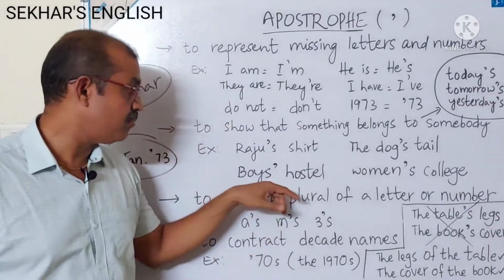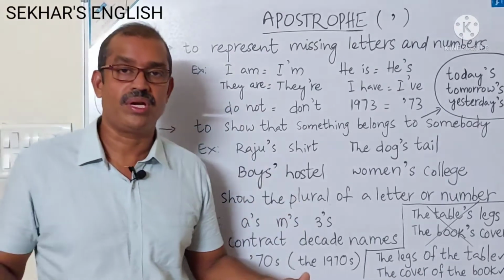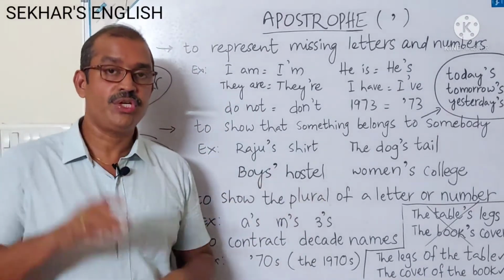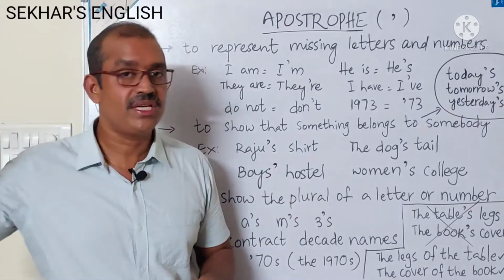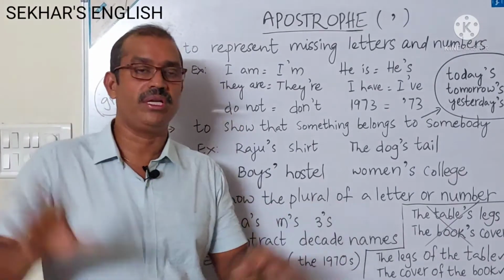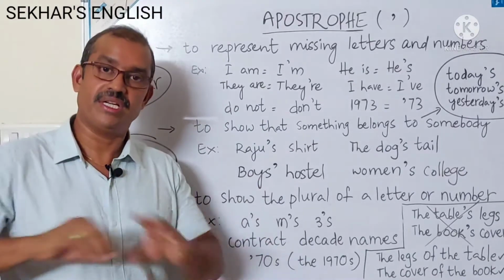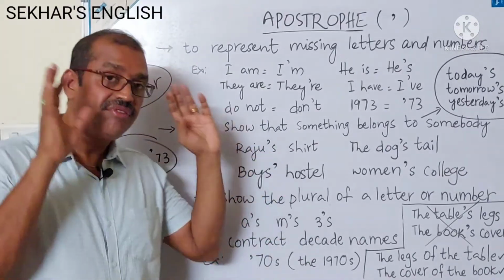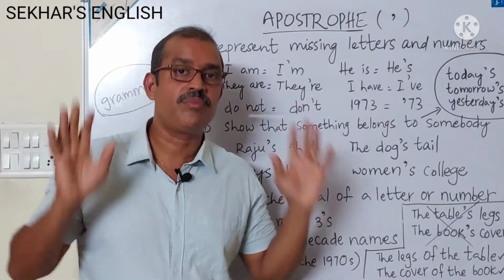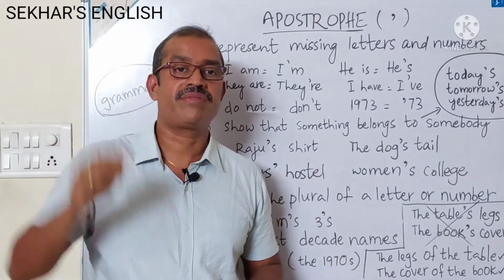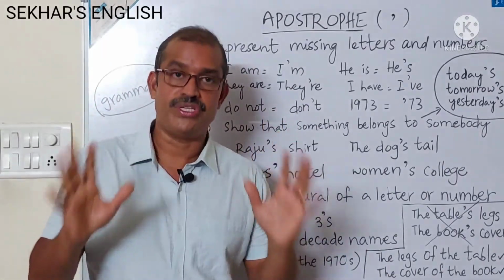But here you see boys. The noun is plural. That's why you need not use apostrophe S, just use apostrophe only. Okay, don't use apostrophe S. Boys' hostel, it is enough. So if the noun is in plural form, just use an apostrophe to indicate possession.